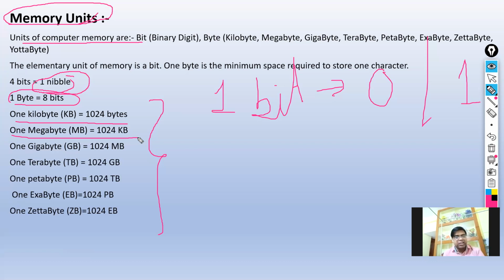Here it is 1024. 1 gigabyte equals 1024 megabytes. 1 terabyte equals 1024 gigabytes. 1 petabyte equals 1024 terabytes. 1 exabyte equals 1024 petabytes. And 1 zettabyte equals 1024 exabytes. We use zettabyte in servers.